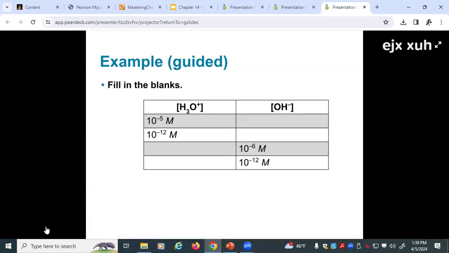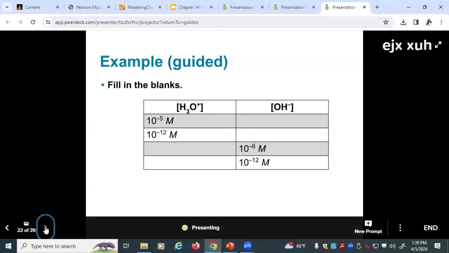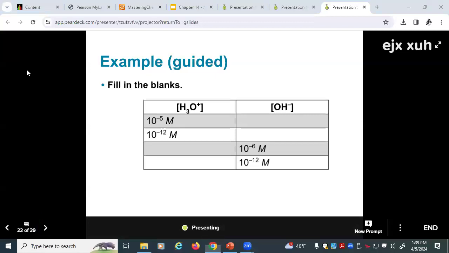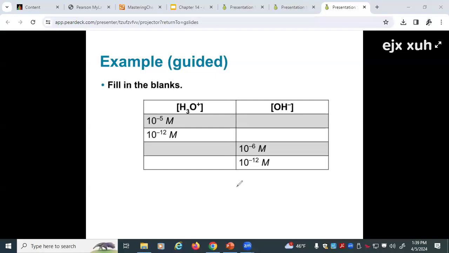So let's take a look at some examples of these kinds of calculations that we can do. So with that example, if I have a table like this, it's actually really easy to figure out the concentration values because since we are only dealing with exponential terms, the division is actually a lot easier.